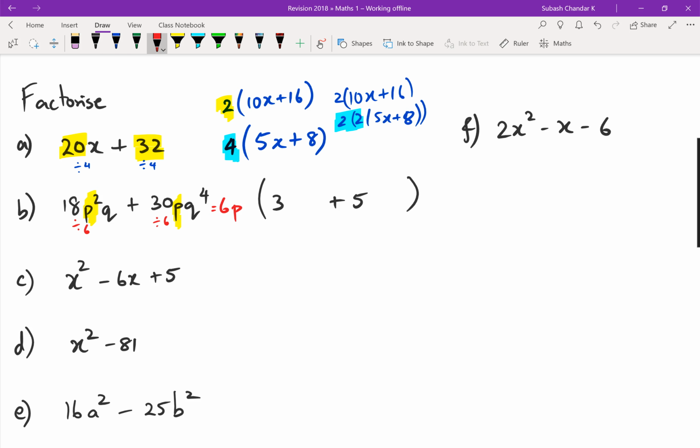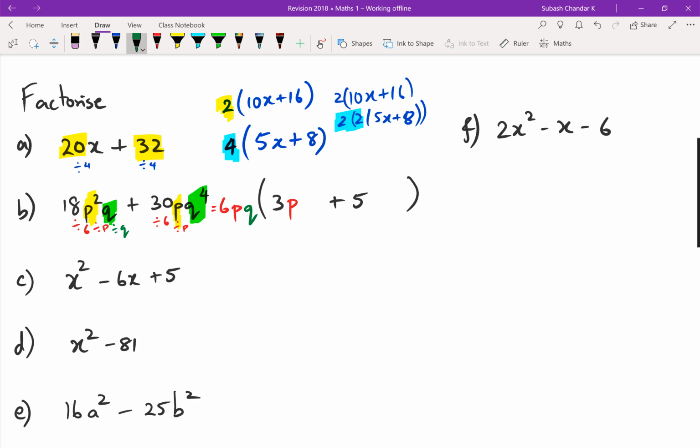If I take P outside, then I'm going P squared divided by P, P divided by P. P squared divided by P is just P. P divided by P is 1, so I don't have to worry about it on the other side. And then when I look at Q, I've got 1Q and I've got Q4. So the highest one is Q. So I'll take Q outside.